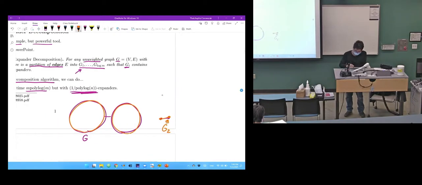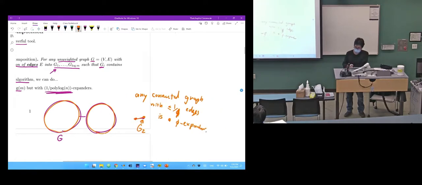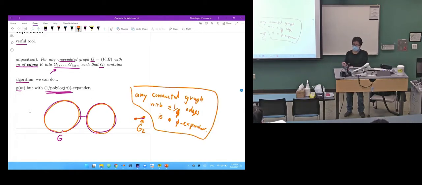Any connected graph with at most 1 over phi edges is a phi expander.